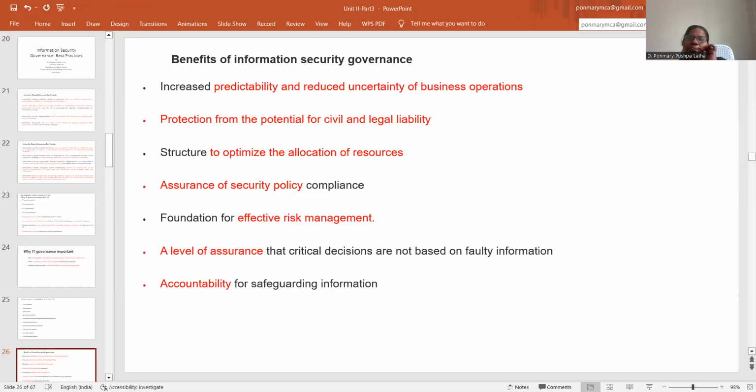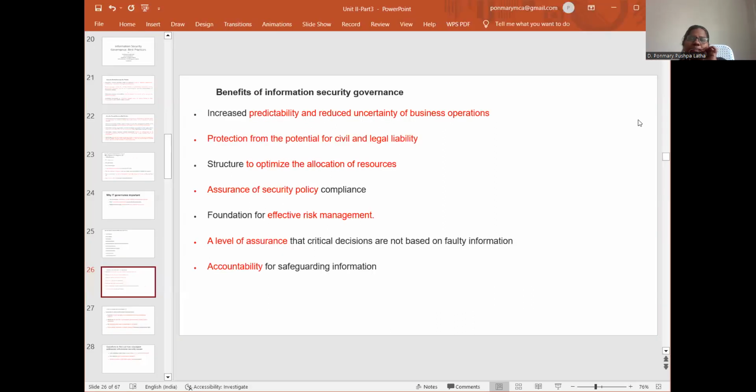So what are the benefits of information security governance? The main thing is that it reduces the uncertainty, because everything is kept in the system, so it is going on systematically. The resources are allotted in an optimized way.